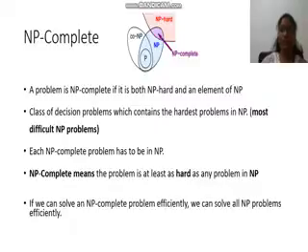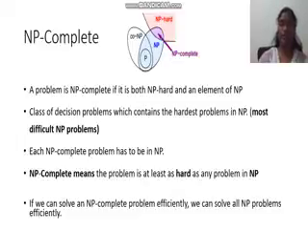As we saw earlier in that list of exponential problems, even if one problem can be solved, then all the other NP problems could be solved. So this is what an NP complete problem is.